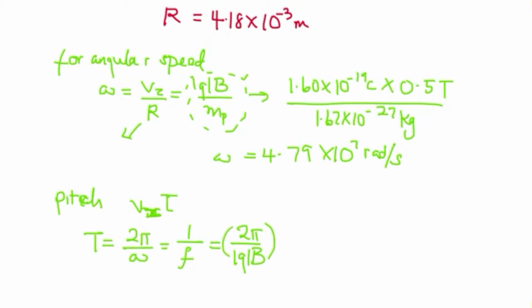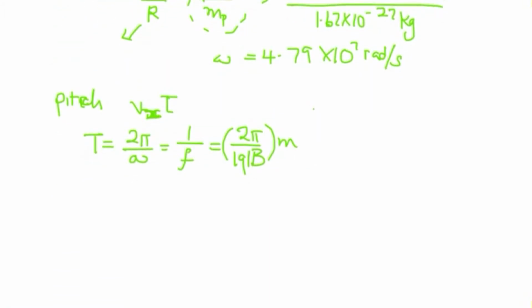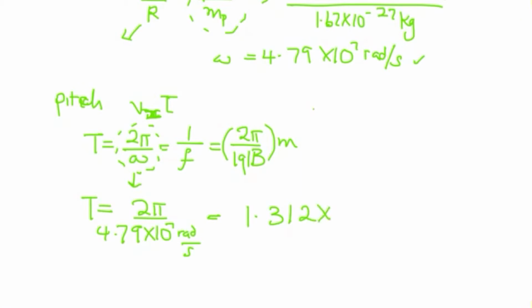We go with this formula and get 2 pi over 4.79 times 10 to the 7 radians per second, which gives us 1.312 times 10 to the negative 7 seconds.